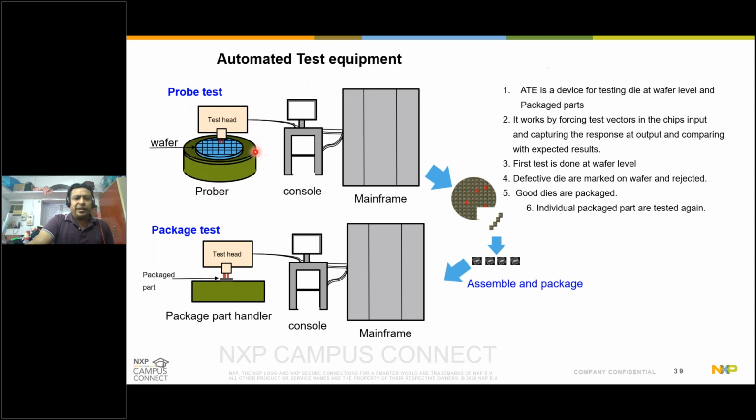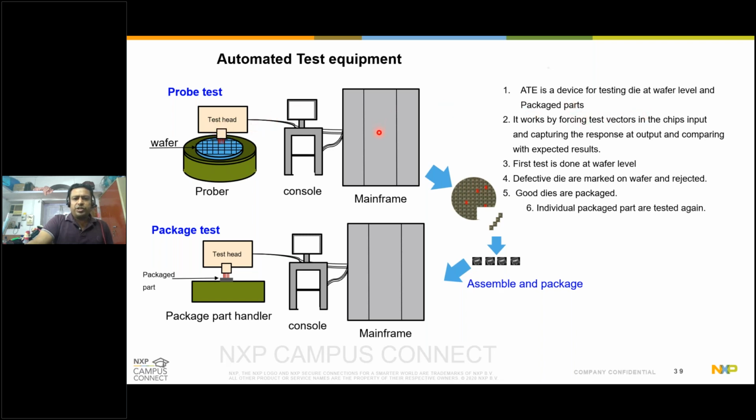The prober is a platform on which you will place your wafer, and this test head has probe pins which will connect to your individual die under test. Through these probe pins, you will apply the required stimulus for testing your chip, and you will also capture the response coming from your die.